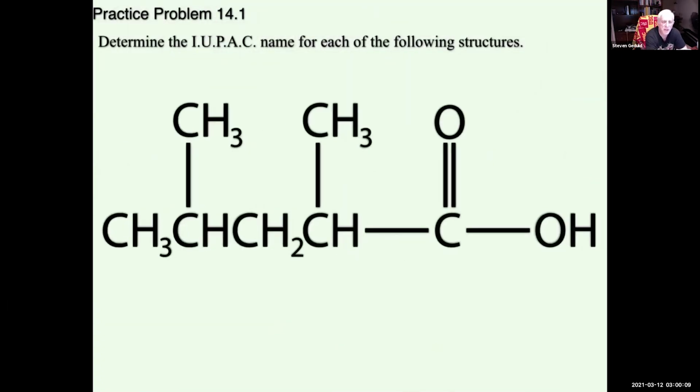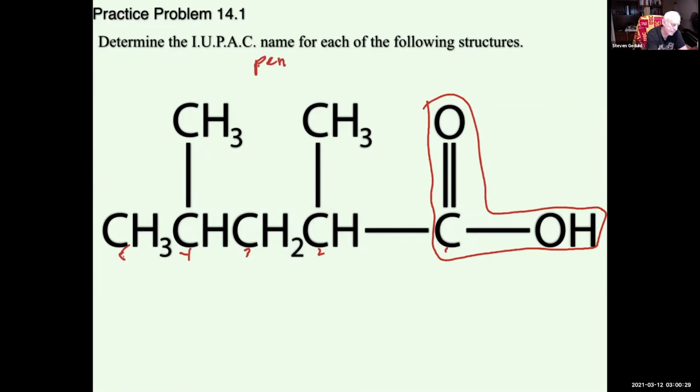Okay. Determine the nature of each of the following structures. Now we're going to do backwards. No, we're not going to do it. We're going to name. We have to draw the structure eventually, but we're still going to name these things. So carboxylic acid, COOH, and again 1, 2, 3, 4, 5. 5 carbons is pentane. It's a carboxylic acid.